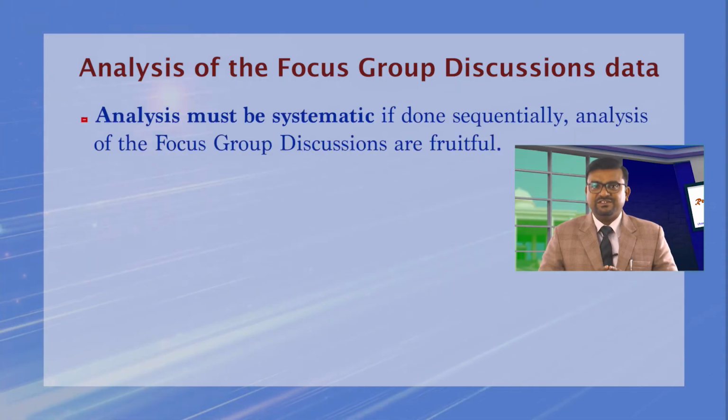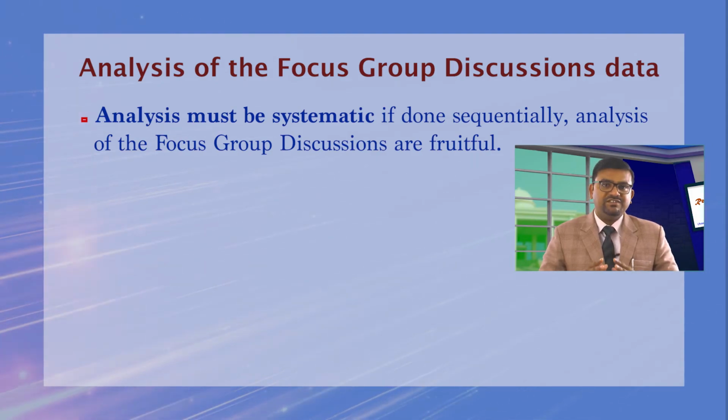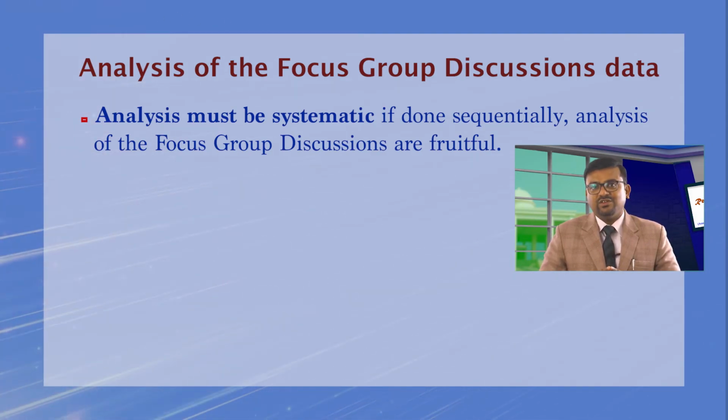The analysis must be systematic. If it is done sequentially, analysis of FGD is fruitful. The data must be analyzed sequentially, as per the sequence of questions: beginning, introductory, transition, key or ending.